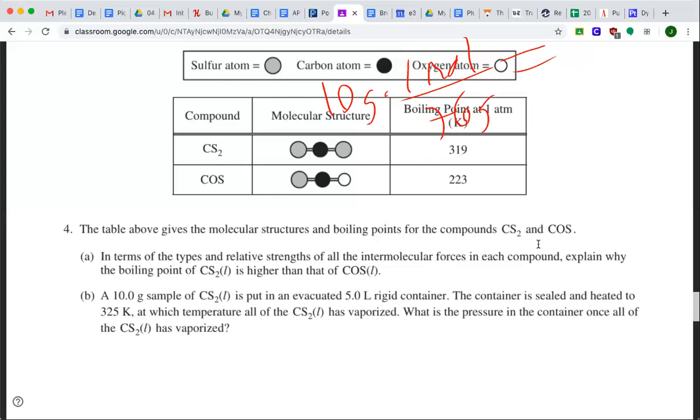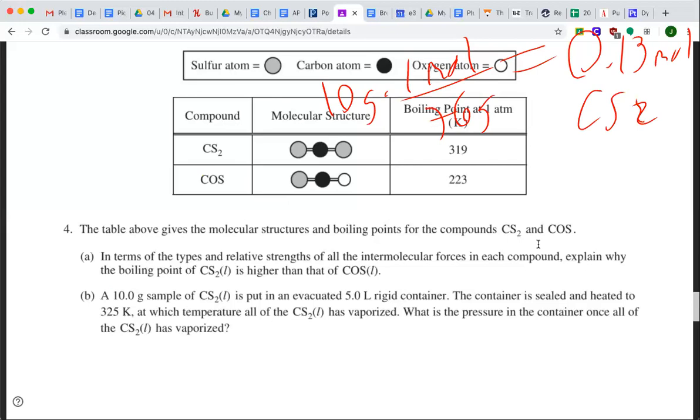Let's do it out. 10 divided by 76 equals, okay, 0.13. So 0.13 moles of CS2. That's what you've got.